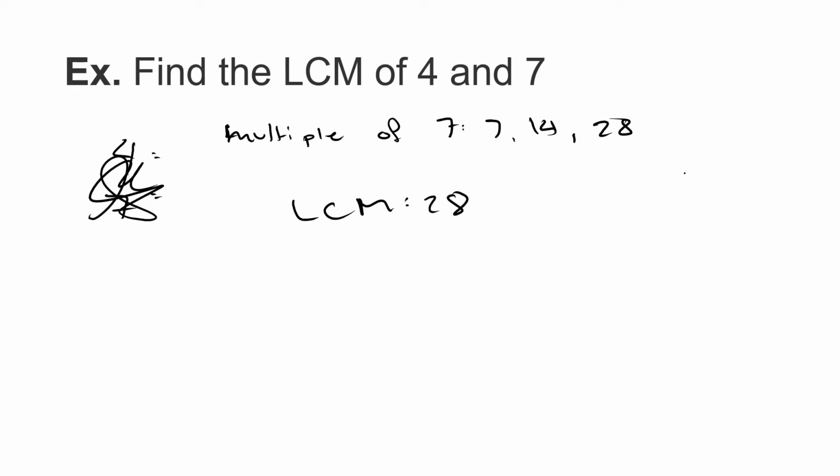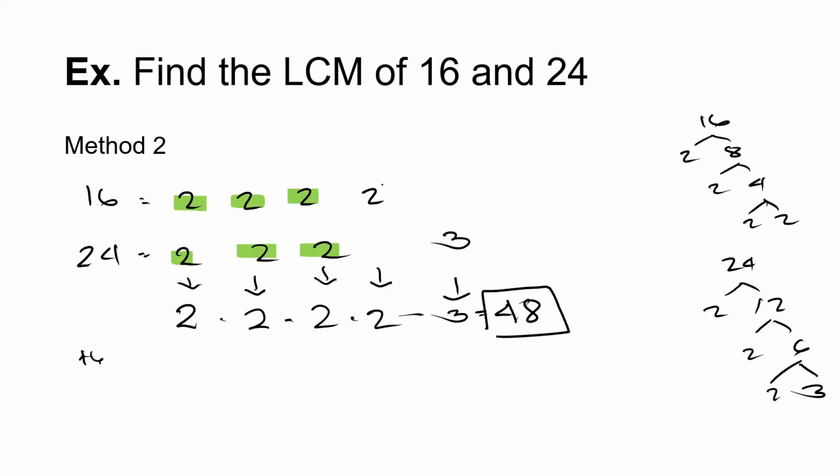Now notice something. What is 28? 28 is basically 4 times 7. Why is this LCM 4 times 7, but when you look at the other one, is 48 equal to 16 times 24? Plug it in the calculator.